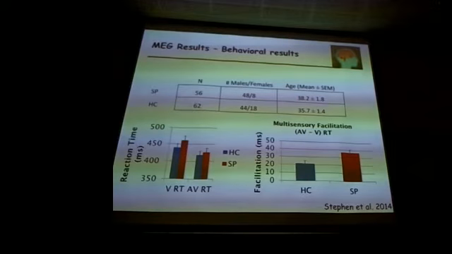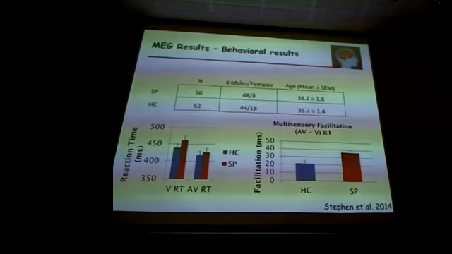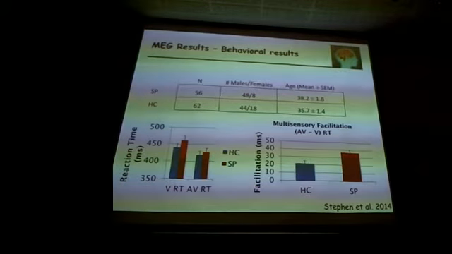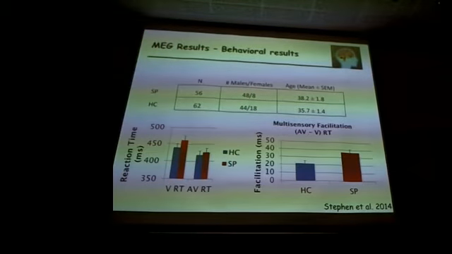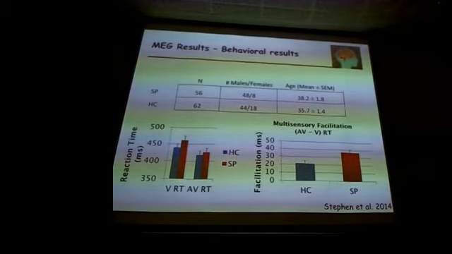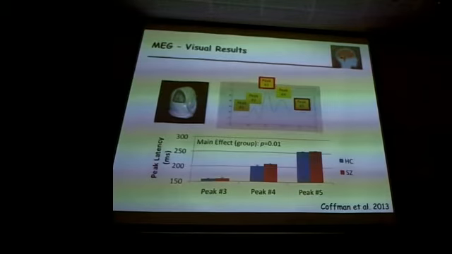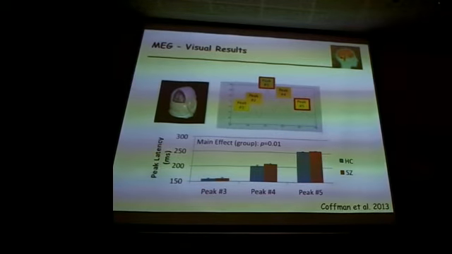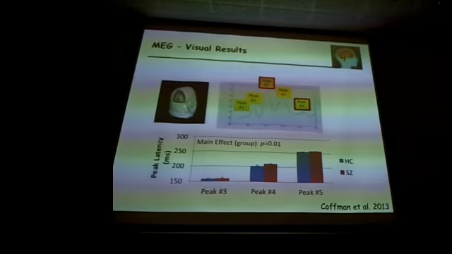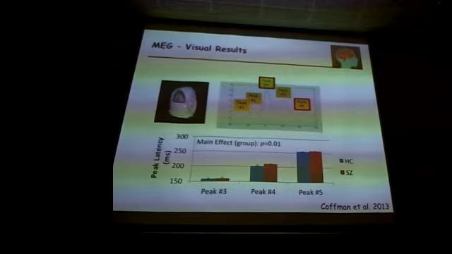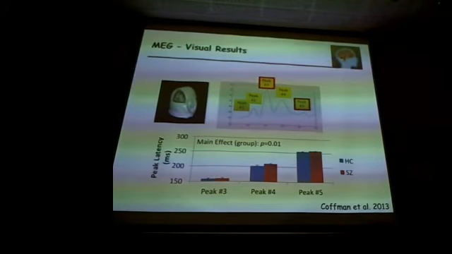So we had the same task in our much larger study with MEG, and really this is just a replication of the behavioral data, but what I want to get to is the MEG data. Now we again do source localization with our MEG data so that we can look at the timing for specific areas.